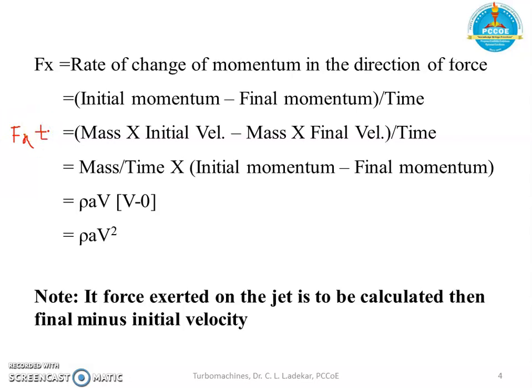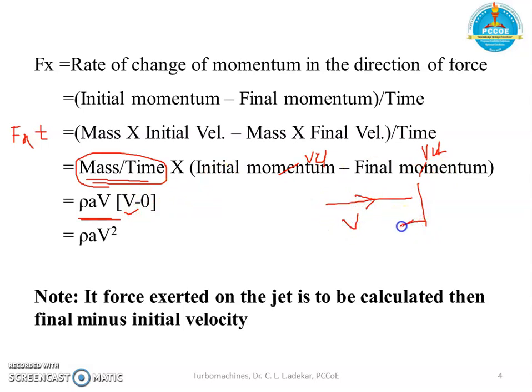Taking the time here, it is mass per unit time into the initial velocity minus the final velocity. Mass per unit time is rho a v, and the initial velocity in this case is v. The final velocity, when it is exerting the force, is what?